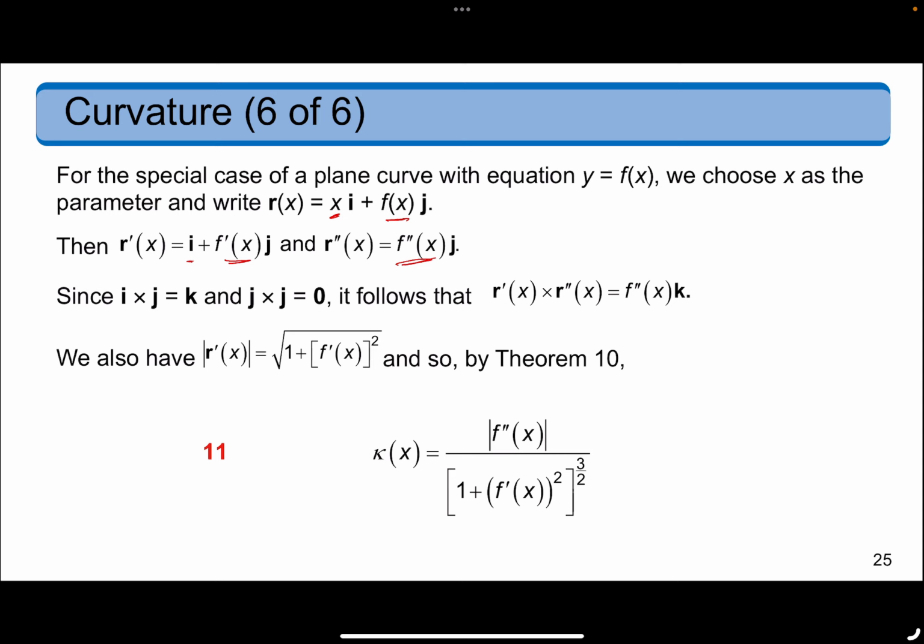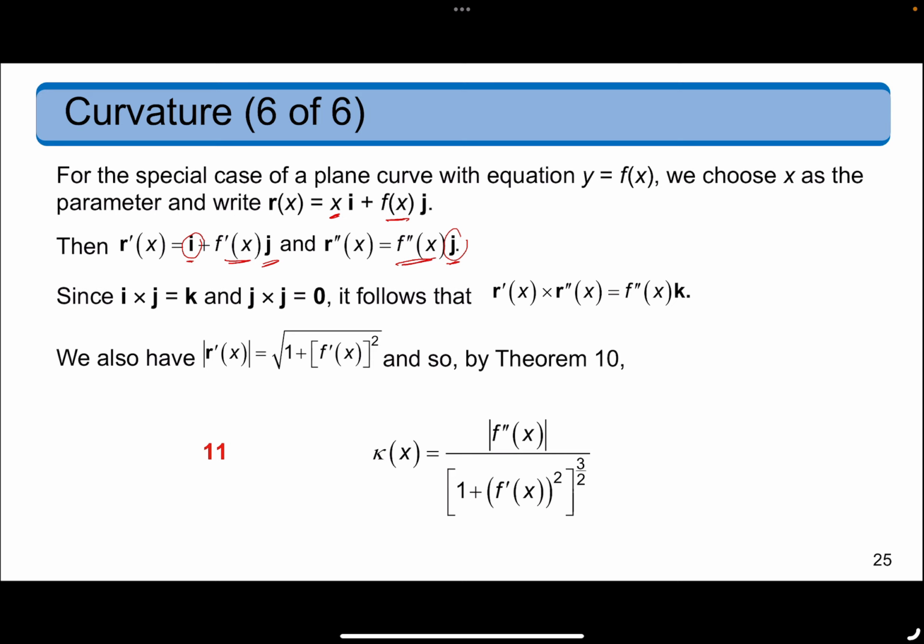Since i cross j is equal to k, and j cross j is 0, the cross product gives a vector perpendicular to the original vectors, and the cross product of a vector with itself is 0. So it follows that r prime cross r double prime is f double prime in the k direction.